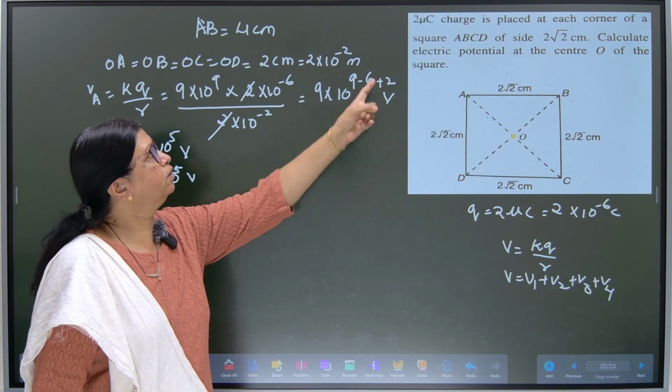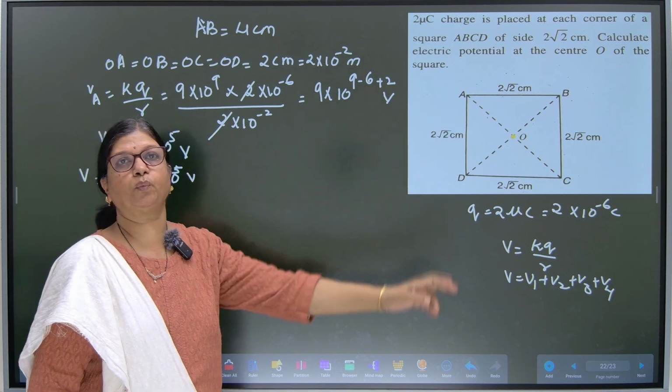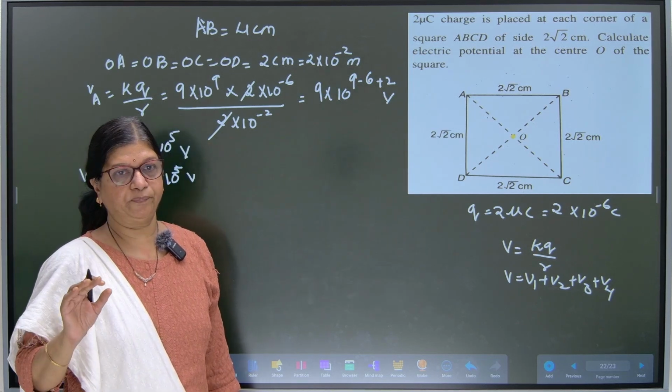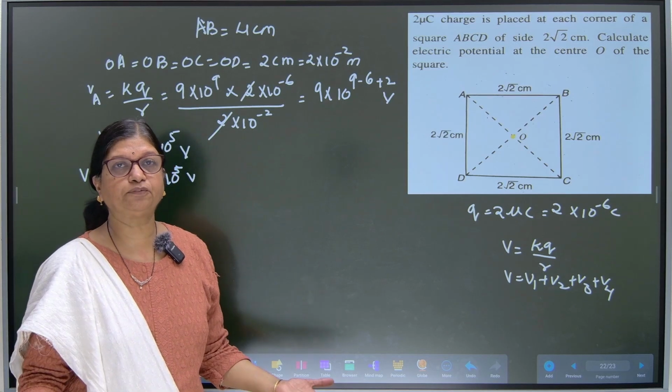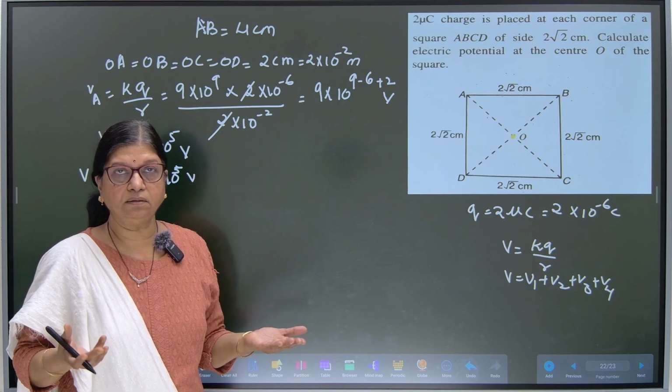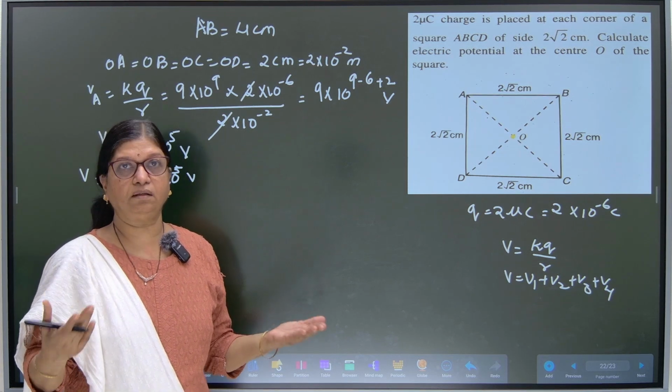Okay, due to the charge 2 microcoulomb at the 4 vertices of a square. Now the same question can be asked for a triangle, pentagon, hexagon.